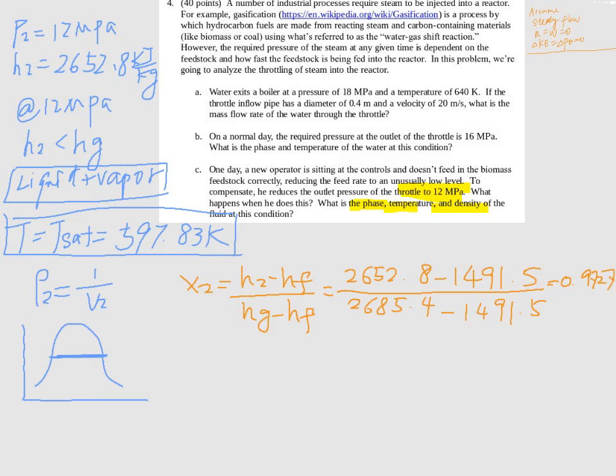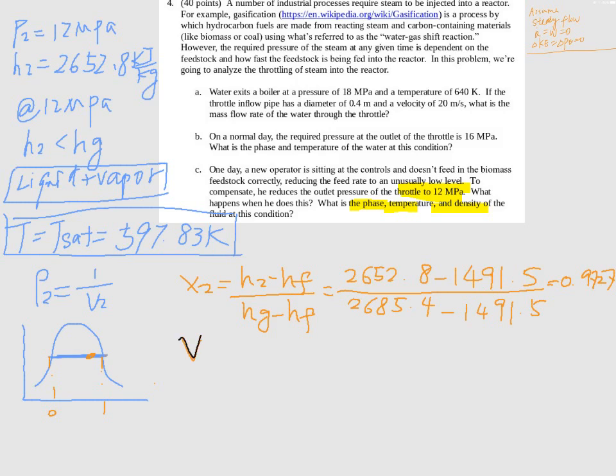Okay, so that's telling us it's probably somewhere very close to the vapor phase. This is 1 and this is 0, so it's 0.97 something, so it's very close to the vapor phase.